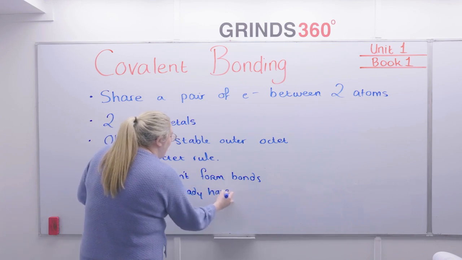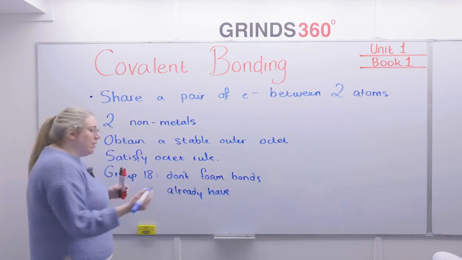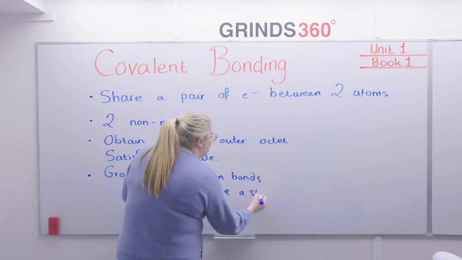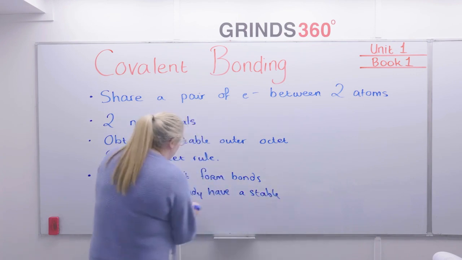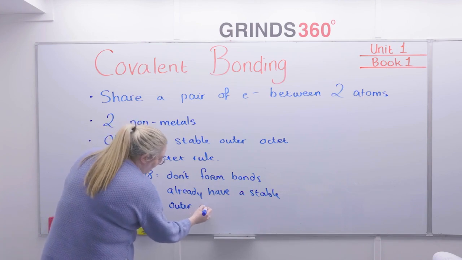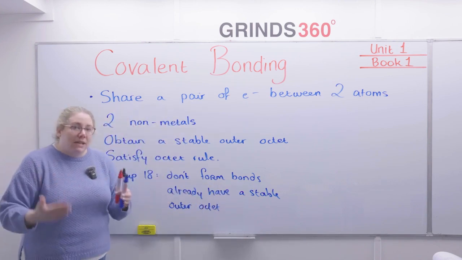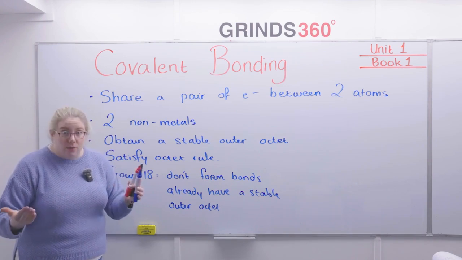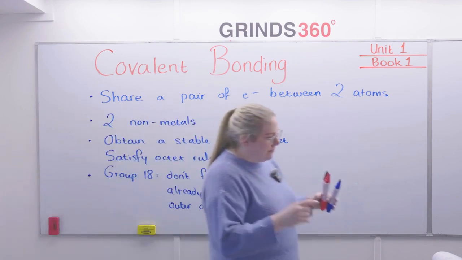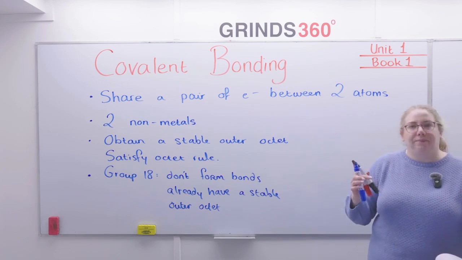If it's in group 8 or 18, they already have 8 electrons in their outer energy level, so they don't need any more electrons. It will also be why, if you look up the electronegativity table for the group 18 elements, they don't have electronegativity values, because they don't form bonds. Don't mention xenon.